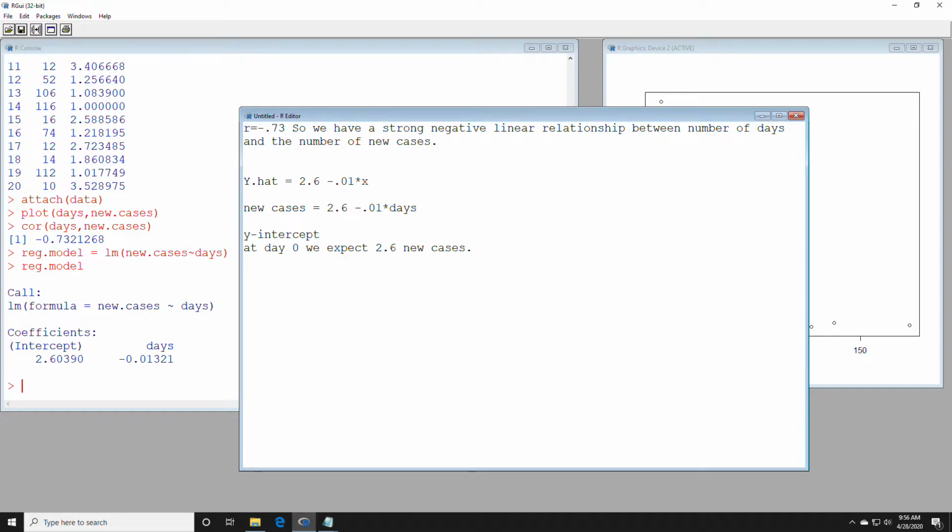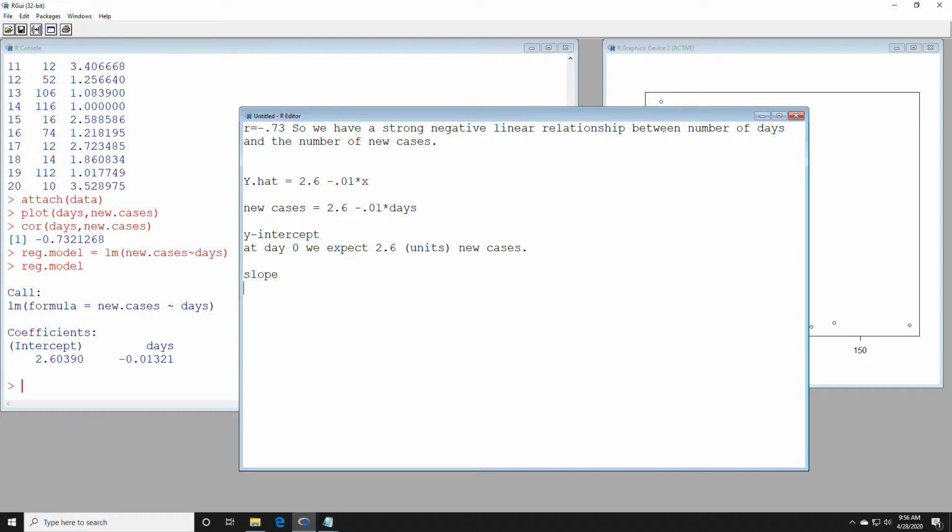So I guess you could think about this as, at the very start of the spread of the virus, we expect 2.6 new cases. And of course, units, they're just some units that might make sense. 2.6, 1,000, etc., whatever, new cases. And again, this is at x equal to 0, at day 0. And so that actually might make sense in this case.